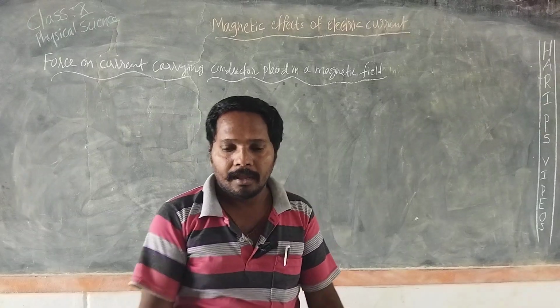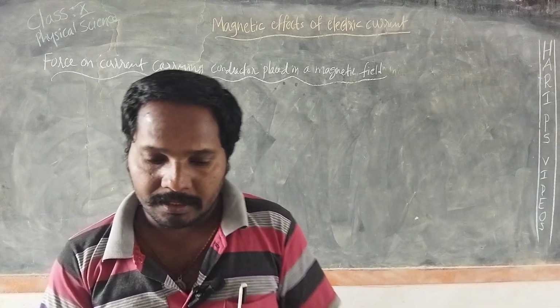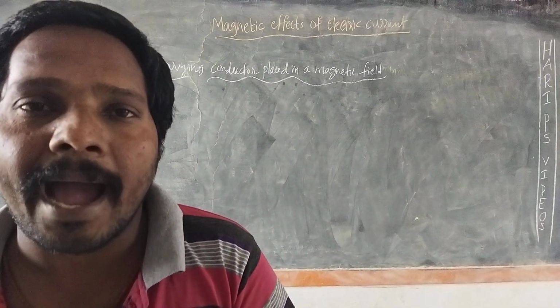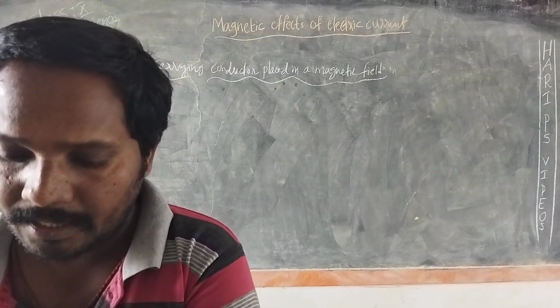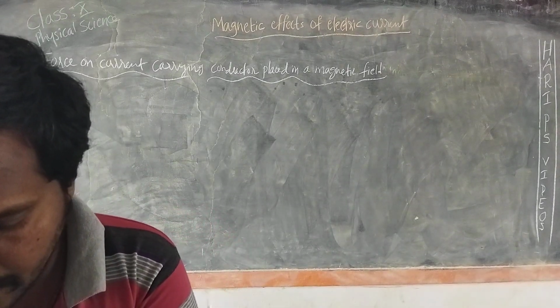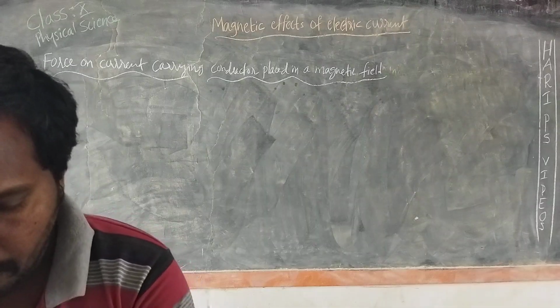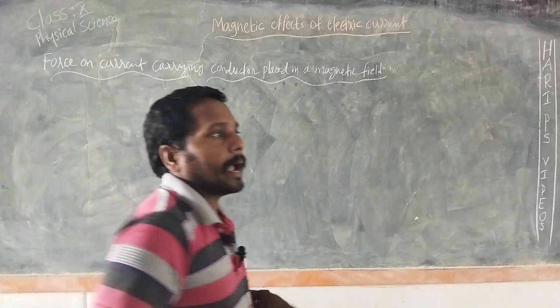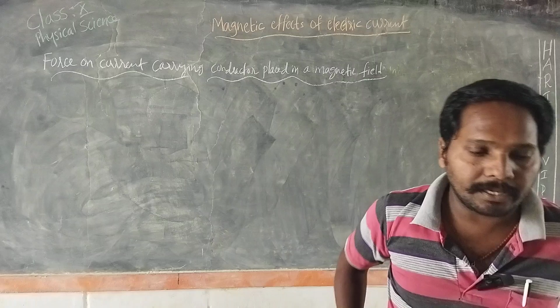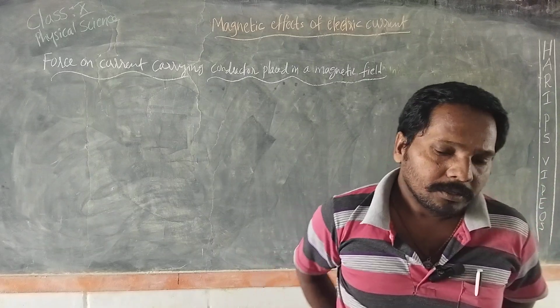What happens is that some force acts on a current carrying wire or conductor when we place it in a magnetic field.